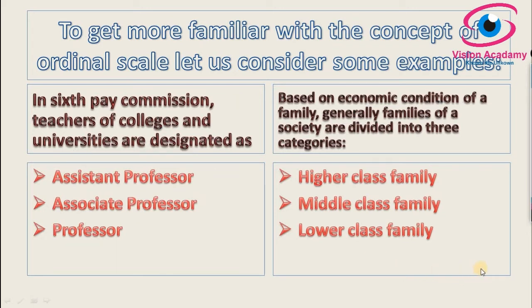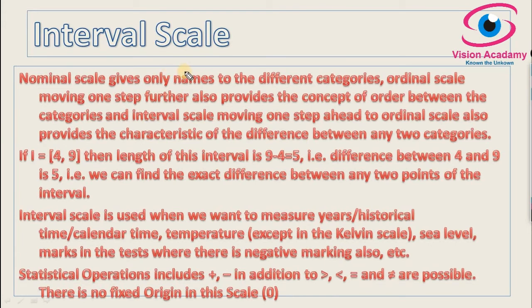Then let us be familiar with the interval scale too. As we know, the nominal scale gives only names to the different categories, and the ordinal scale, moving a step ahead, also provides the concept of order between the categories. And the interval scale, moving one more step ahead, provides the characteristic of difference between any 2 categories.